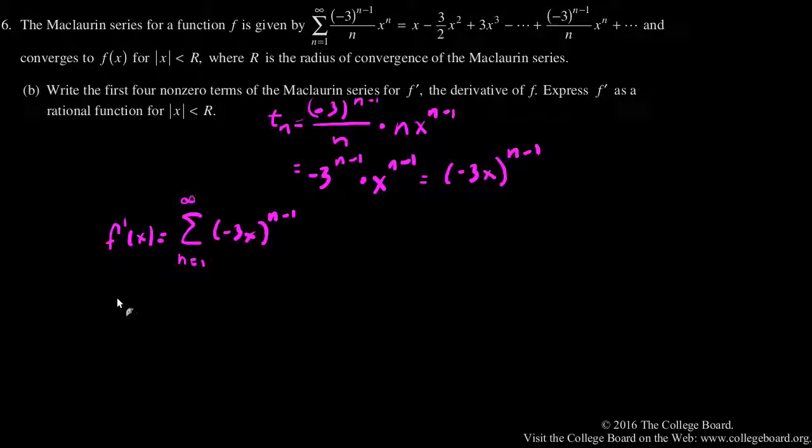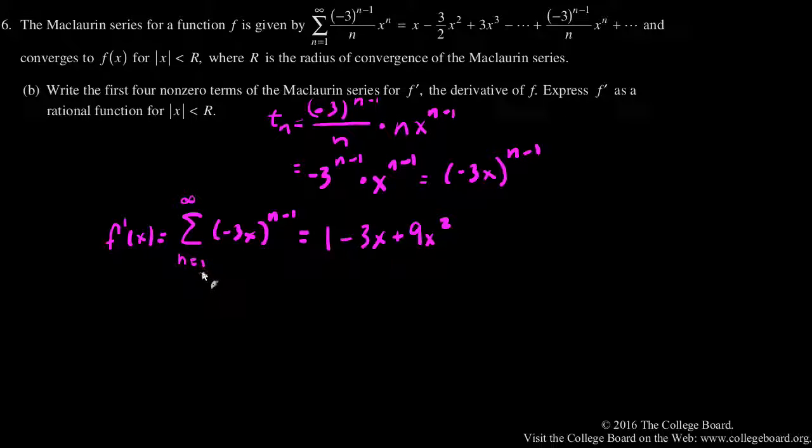The first four terms: put in 1, and n minus 1 is 0. Anything that's not 0 to the 0 power is 1. Put in 2. 2 minus 1 is 1. -3x to the first is -3x. Put in 3. 3 minus 1 is 2. -3x to the second is 9x squared.